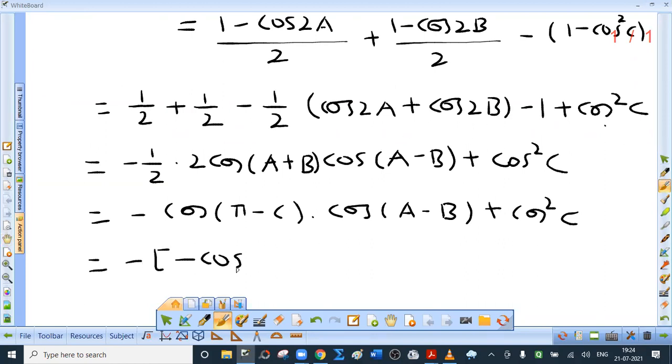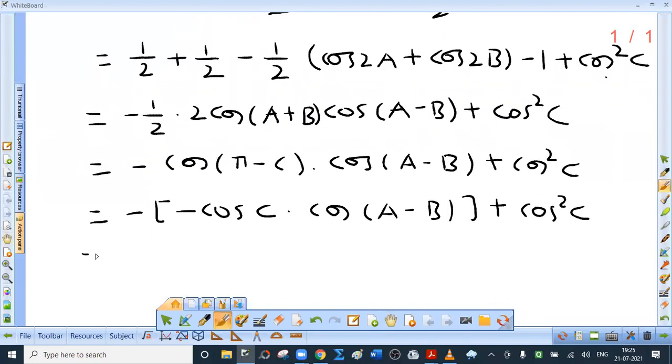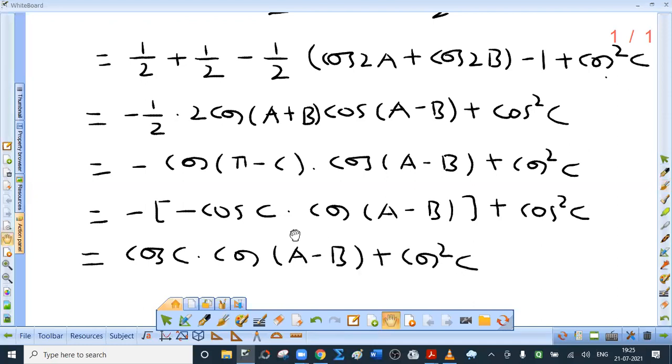Because cos of 180 minus theta is nothing but minus cos theta, into cos of A minus B as it is, plus cos square C. Now minus minus plus, so cos C into cos of A minus B plus cos square C.